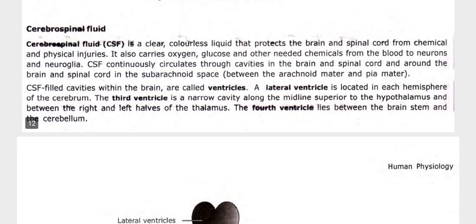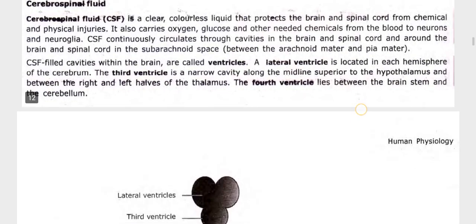Then cerebrospinal fluid. Cerebrospinal fluid or CSF is a clear colorless liquid that protects the brain and spinal cord from chemical and physical injuries. It also carries oxygen, glucose, and other needed chemicals from the blood to neurons and neuroglia. CSF continuously circulates through cavities in the brain and spinal cord and around the brain and spinal cord in the subarachnoid space between the arachnoid mater and pia mater.